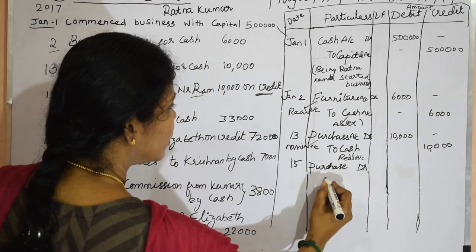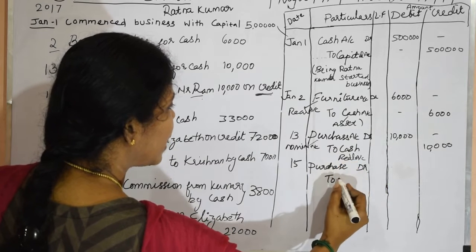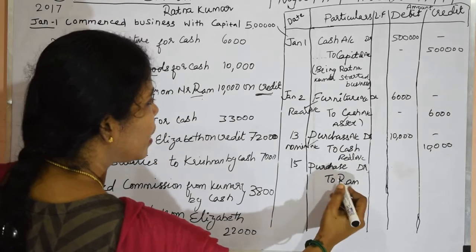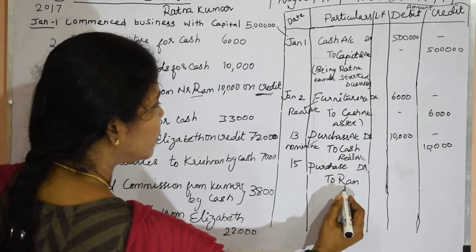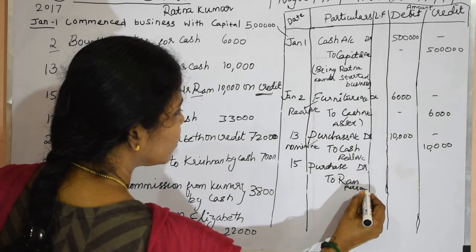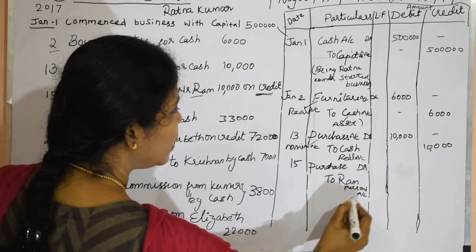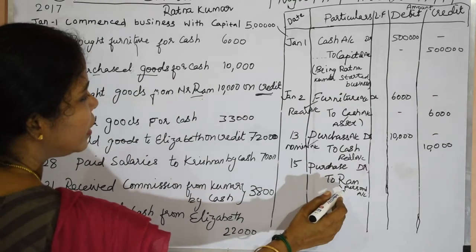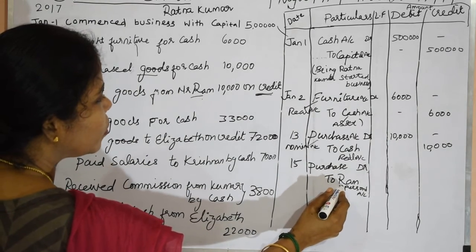debtor to Ram. Instead of cash we have to write the name of the person from whom we are getting the goods. So Ram is a personal account. The personal account rule is debit the receiver, credit the giver. Here Ram is the giver. He is giving us the goods.